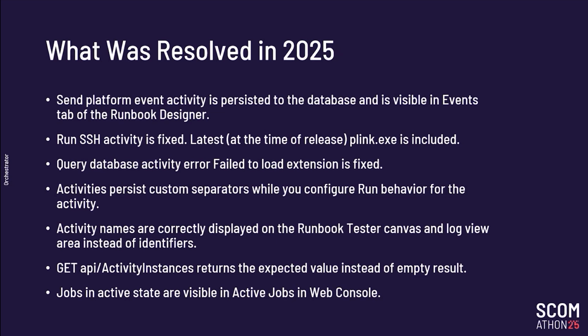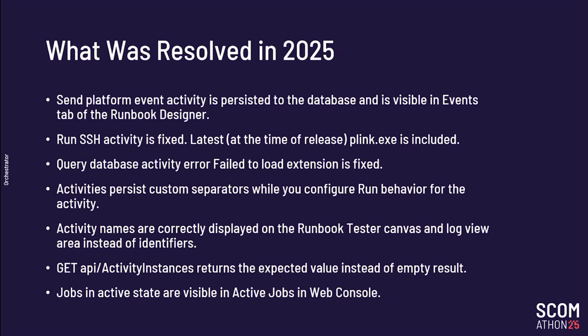They've resolved issues with the secure SSH if you want to connect to Linux, Unix, or any mainframe systems, and most of the storage and backup platforms that you could orchestrate from within Orchestrator using SSH. So that's now been updated, and it's got the latest version of PuTTY's plink as of November 2025 when it was packaged.